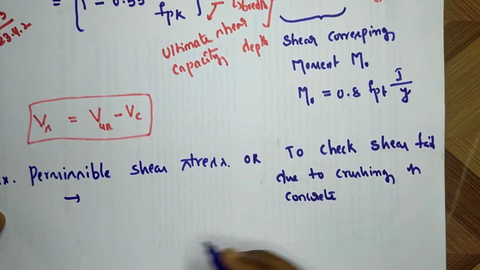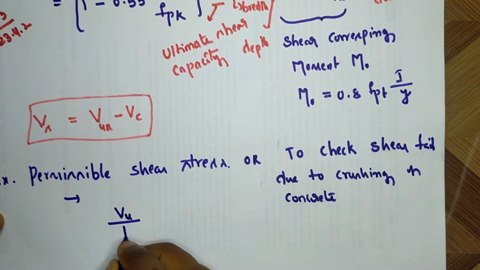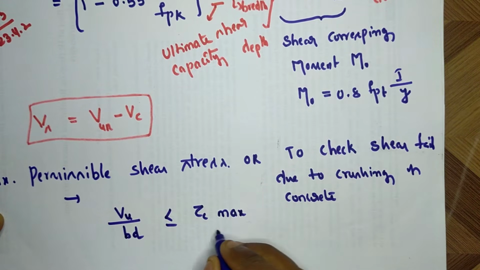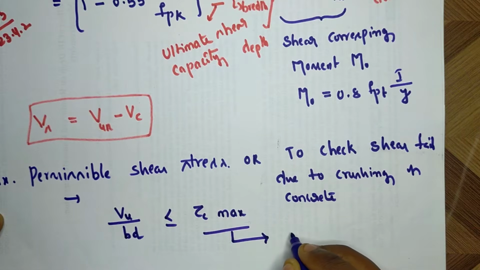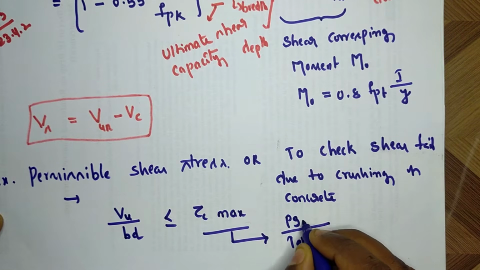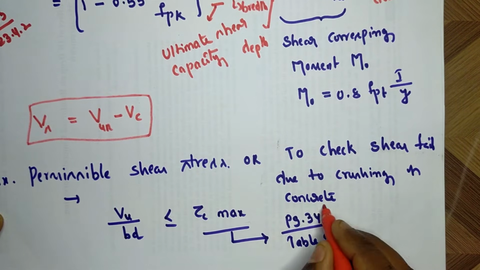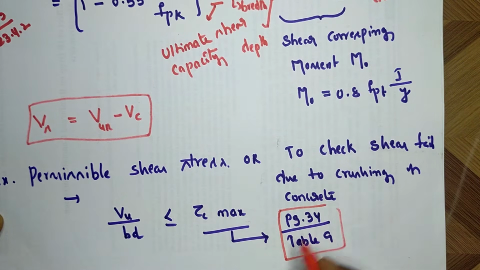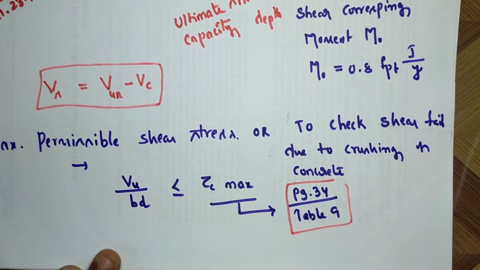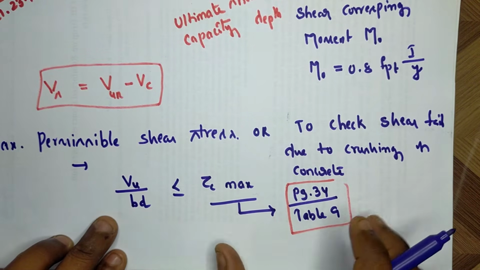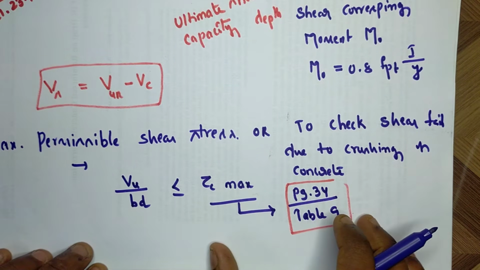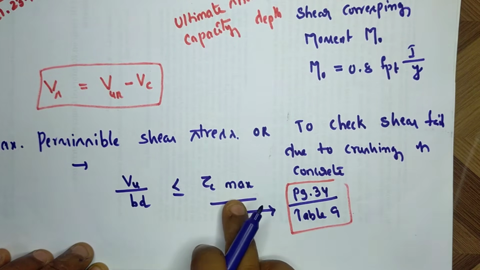How can we check it? We can check by using the formula Vu by bD less than or equal to tau c max. This tau c max can be obtained from Table 9 on page number 34. This value should always be less than tau c max.